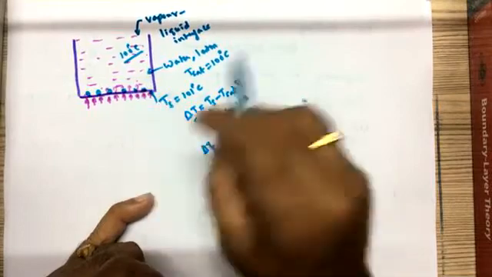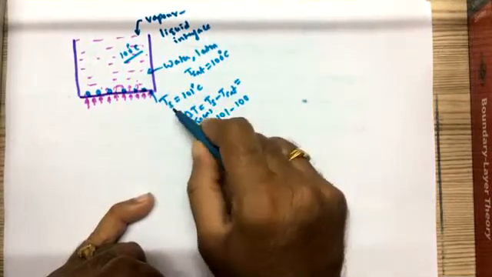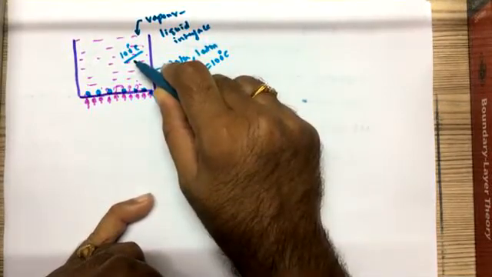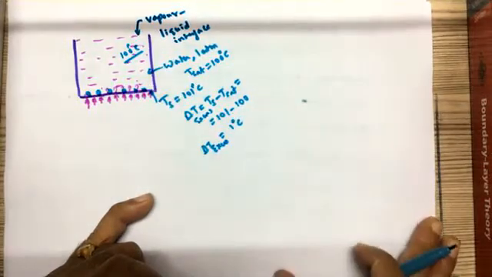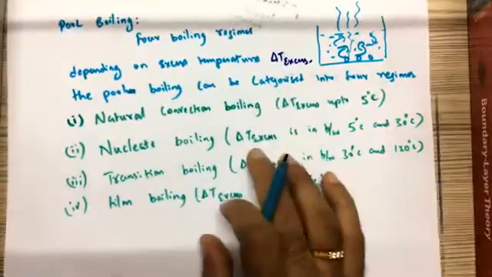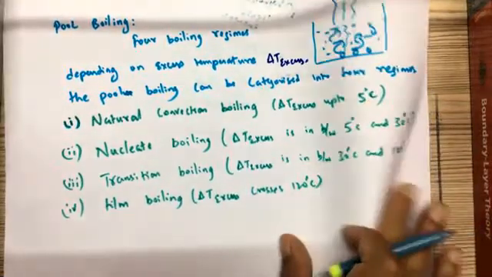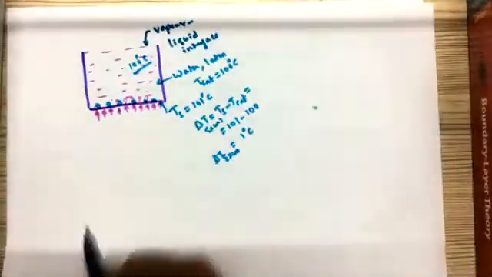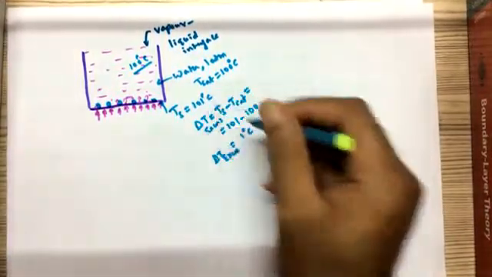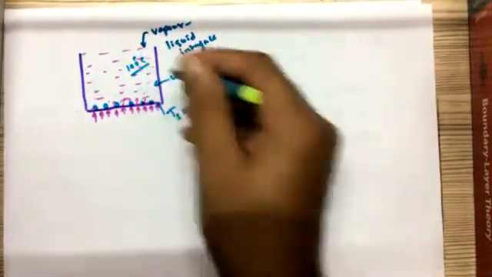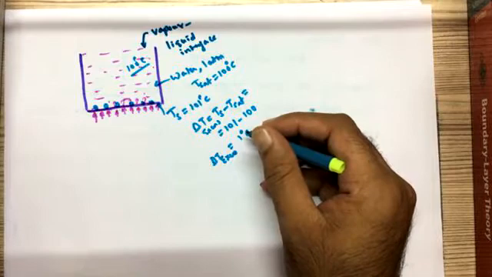In this case, the surface temperature is 101 degrees Celsius and my saturation temperature will not change, 100 degrees Celsius, because I considered water at 1 atmospheric pressure. So observe very carefully: when the delta T excess is up to 5 degrees Celsius.